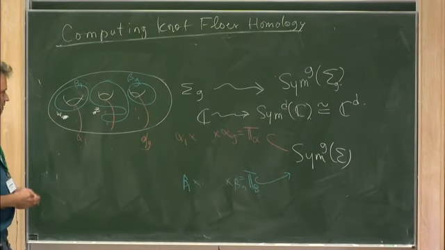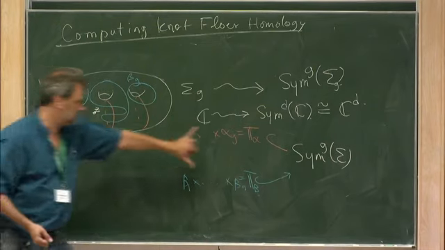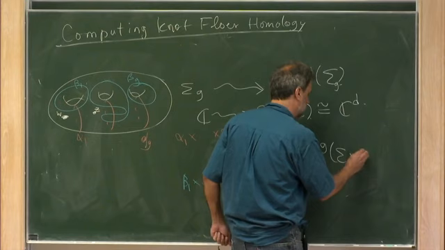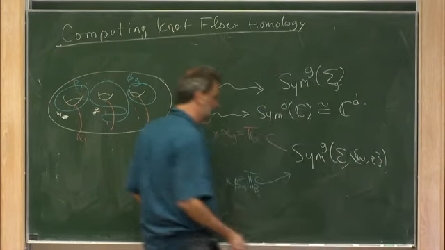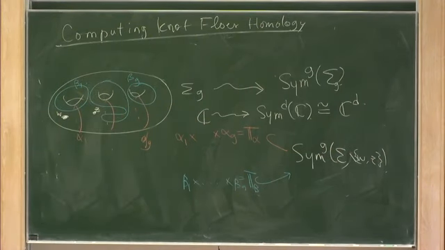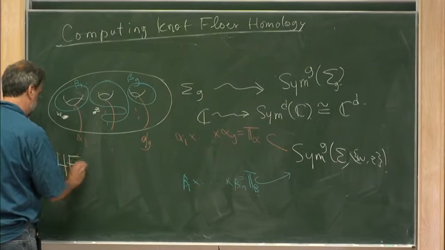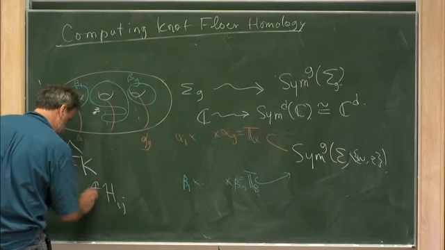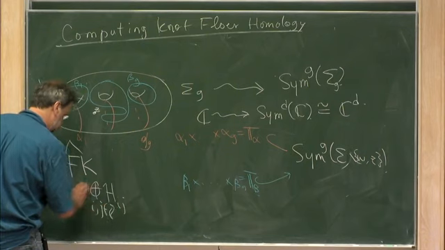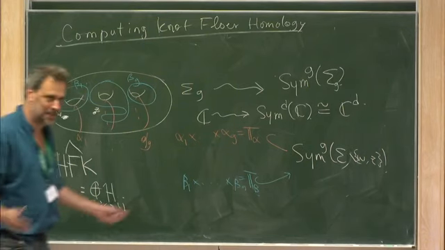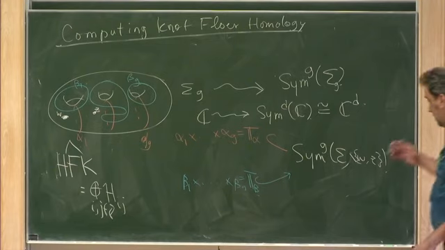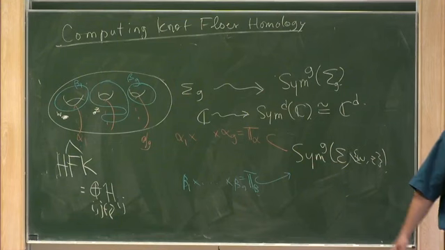Roughly speaking, what we do is take the Lagrangian Floer homology of these two Lagrangians inside the g-fold symmetric product of sigma with the two base points removed. This is, loosely speaking, what we do, and this is the invariant that we called HFK hat. Zoltan wrote it as H_ij; it's a bigraded theory. Let me suppress the gradings for as long as my audience can bear it. This is the basic invariant that we would like to compute.